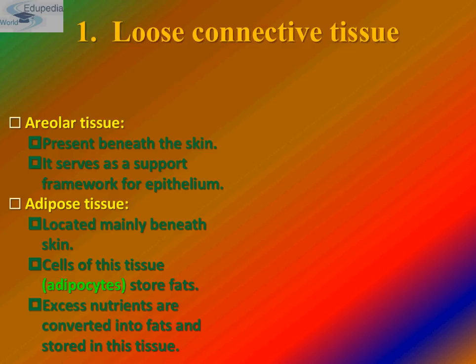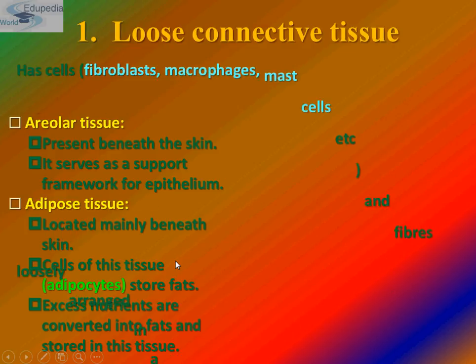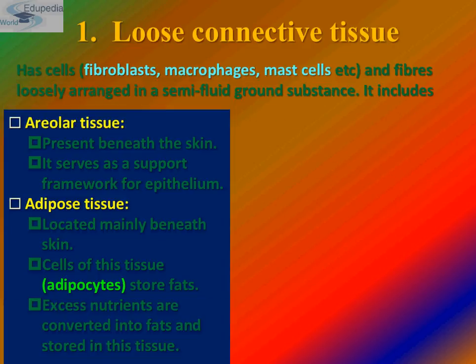Now comes adipose tissue. It is also located mainly beneath the skin. The cells of this tissue, adipocytes, store fat, and excess nutrients are converted into fat and stored in this tissue.